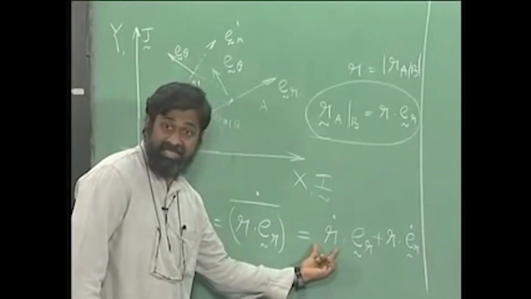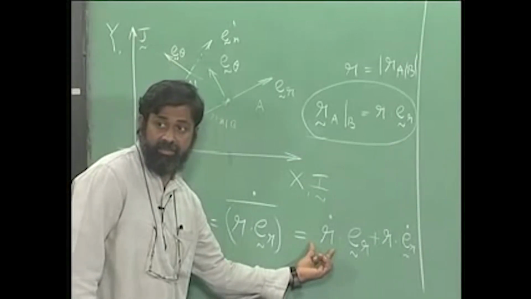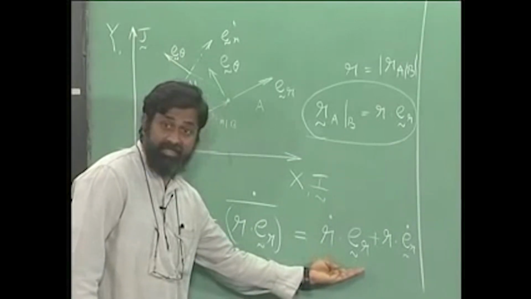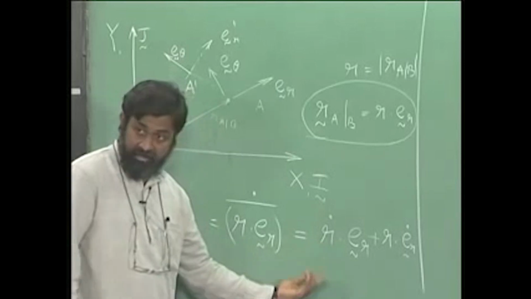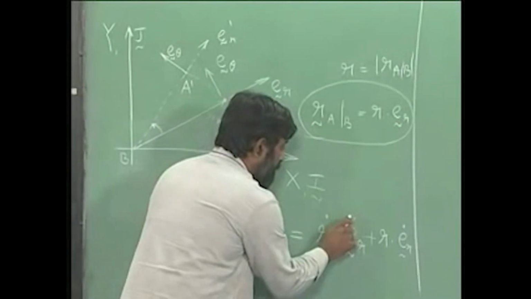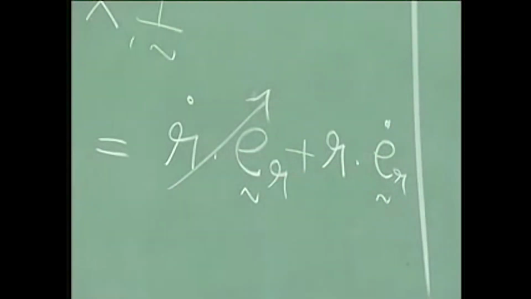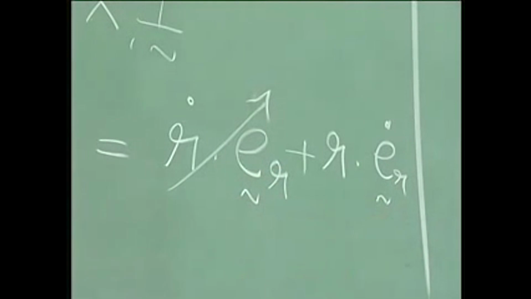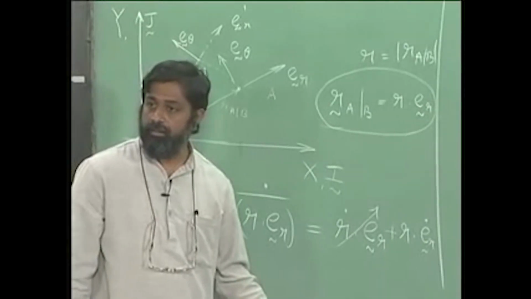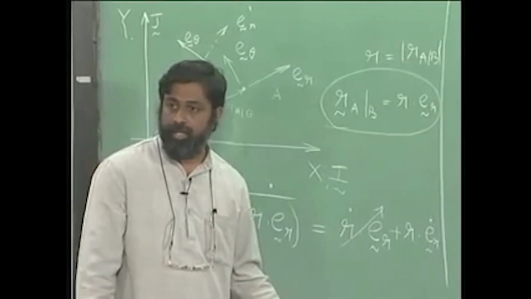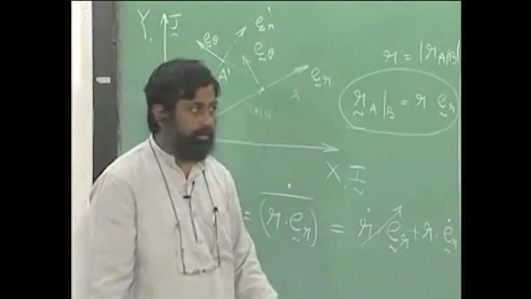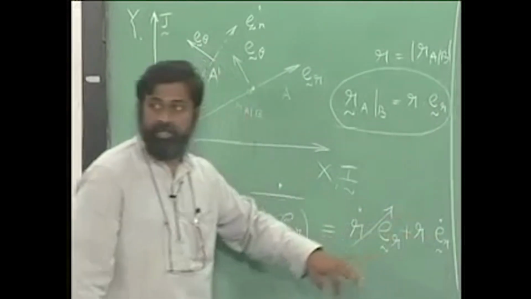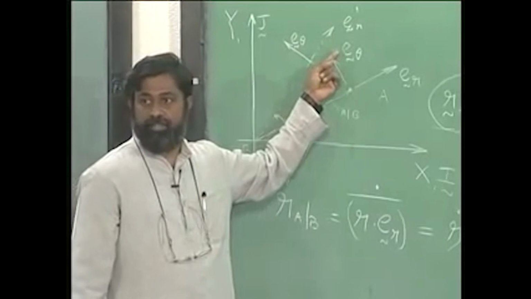R dot is 0. Why is R dot 0? Because it is a rigid body, the distance does not change, which means this is equal to 0. We have R times ER dot. I know R that I have specified, but what is ER dot? How do I find out ER dot? That is the next question we will ask.